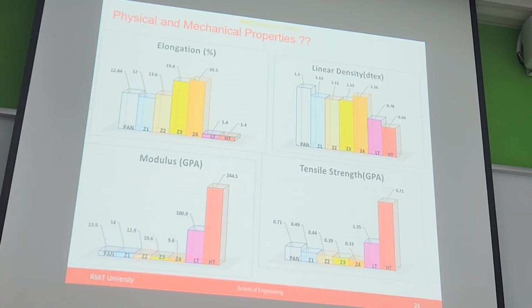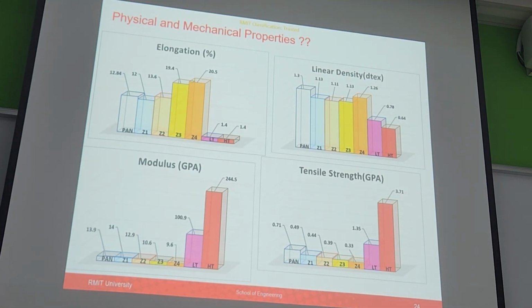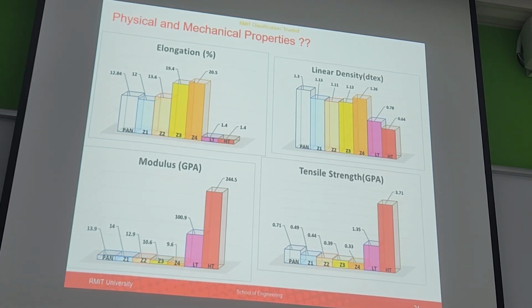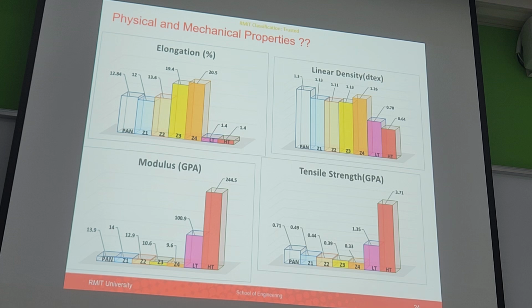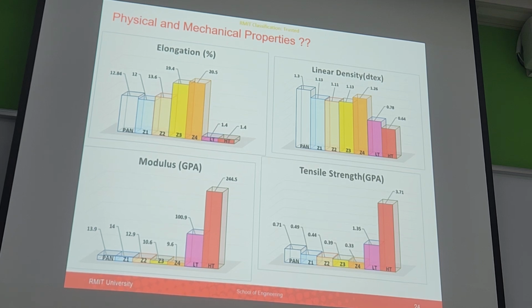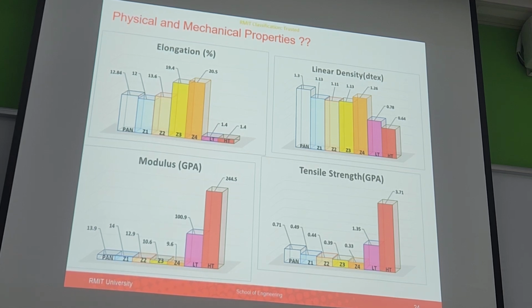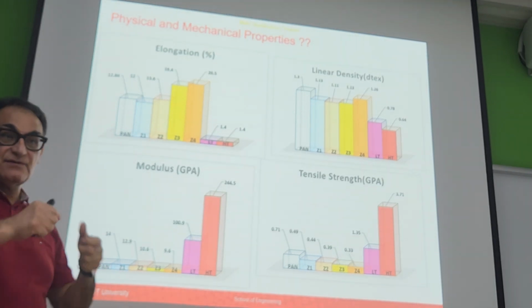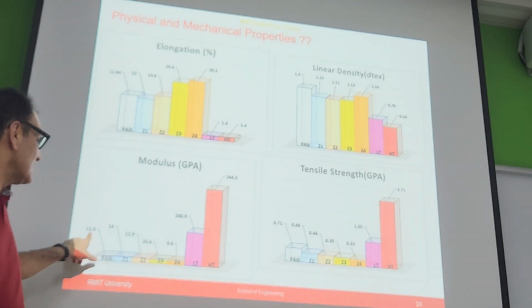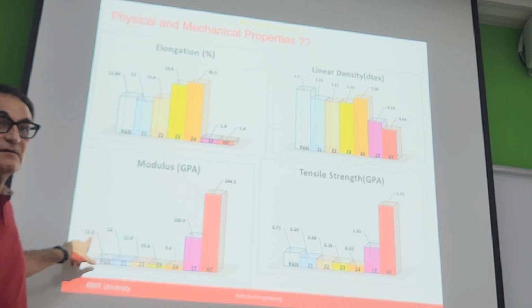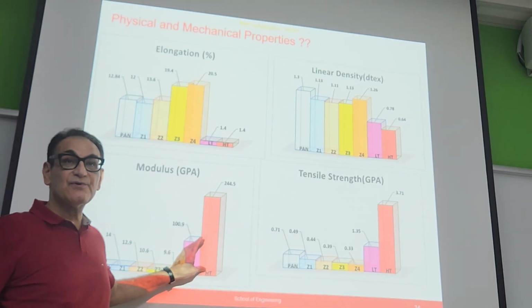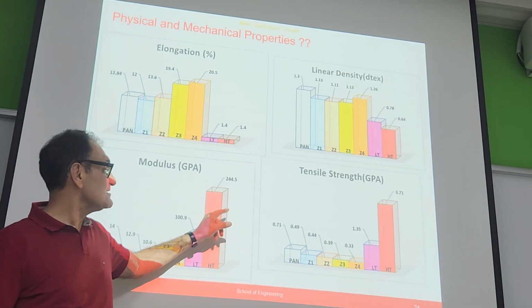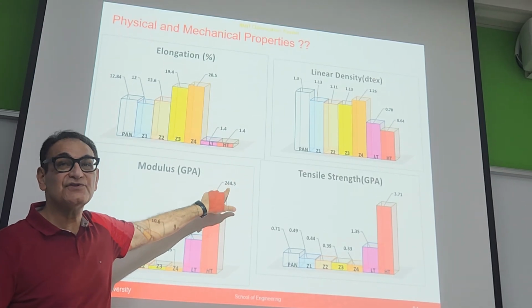The carbon fiber is similar to my hair in size. The modulus was 13.9, but once you go through the process, it becomes 244.